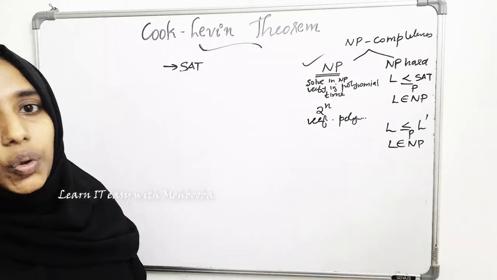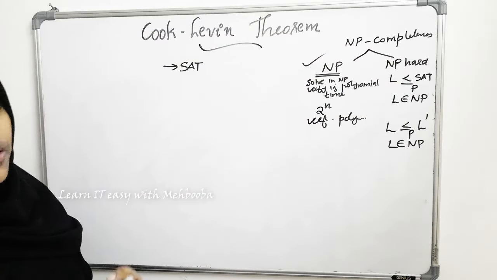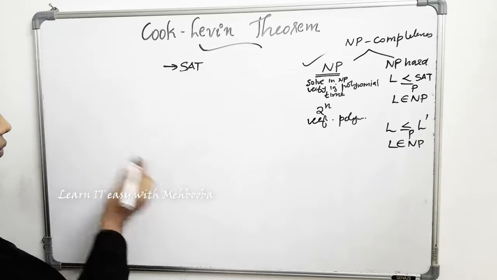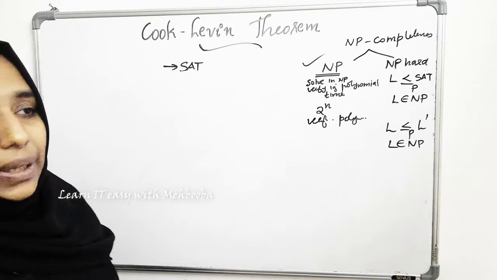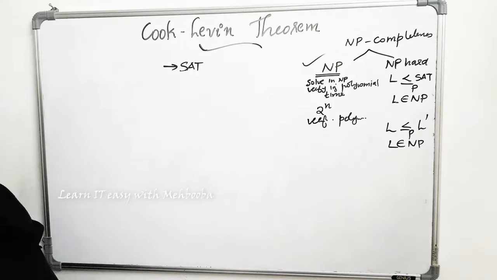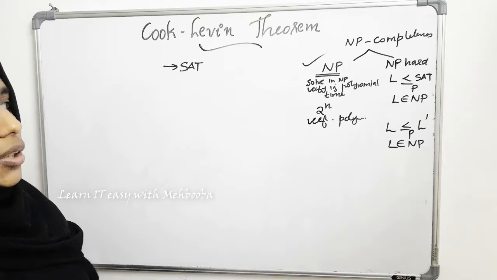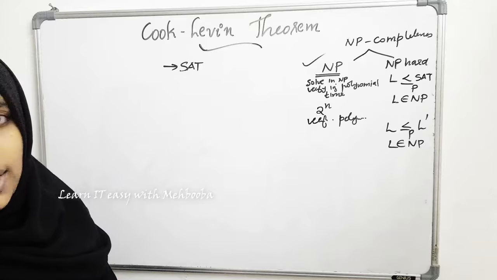So what we can do is take another fact. For every problem which is an element of the class NP, we can have a non-deterministic Turing machine. That is, we can design a non-deterministic Turing machine for every problem that is an element of the class NP.